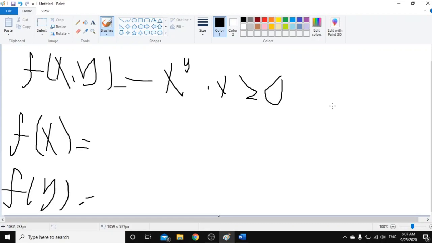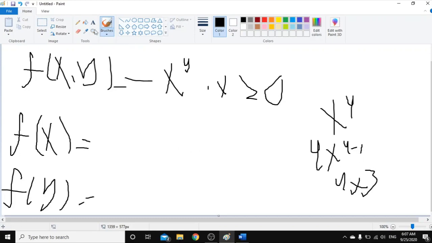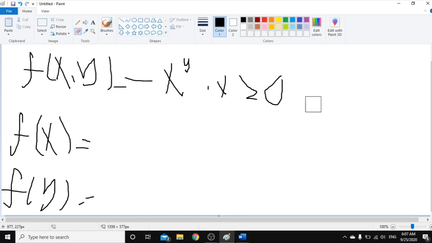Like for example, if you have x to the 4th, how can you solve it? You say 4 times x to the 4 minus 1, which is 4x cubed. You can use the same way in this example. So you can say y times x to the y minus 1.